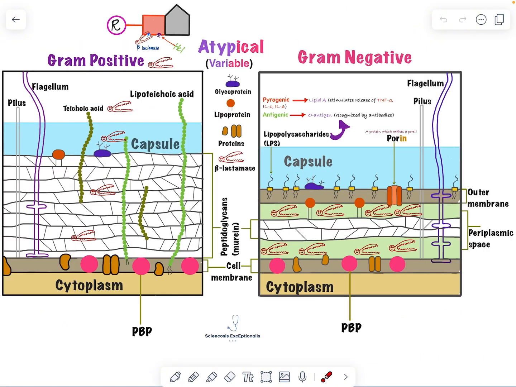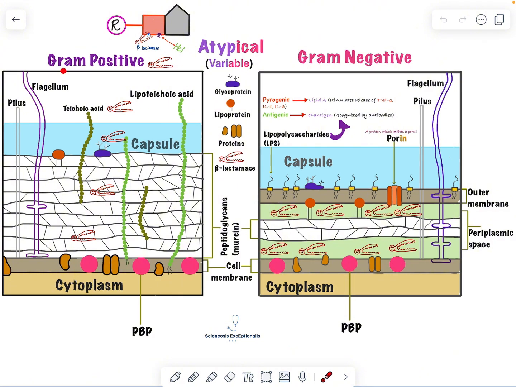What are the differences between gram positive and gram negative structurally? Gram positive have a much thicker cell wall of peptidoglycans, the glycans or polysaccharides that are cross-linked by peptide chains. Whereas gram negative have a much thinner cell wall.